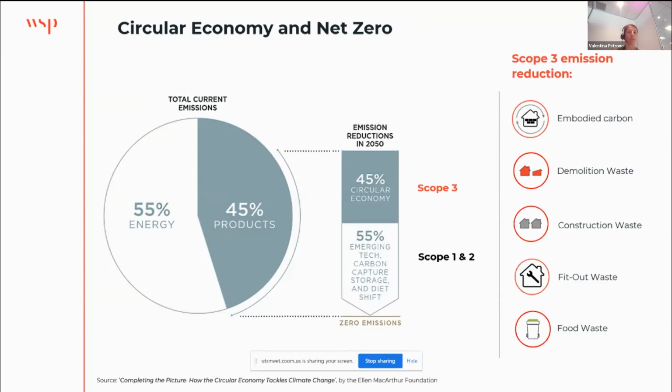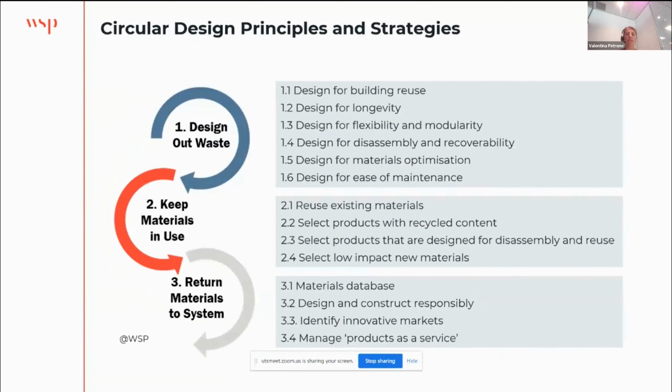The way we can do it is by going back to the three very basic circular economy principles, and implementing circular design strategies as early as possible in the design.